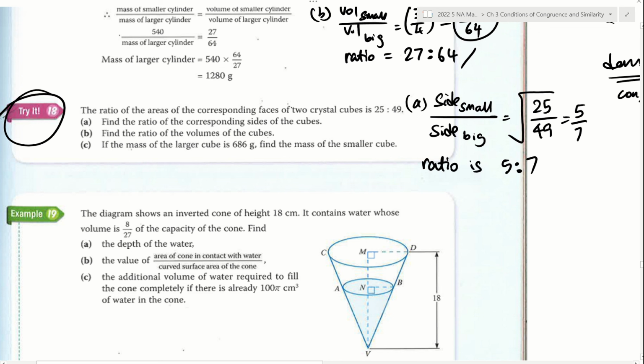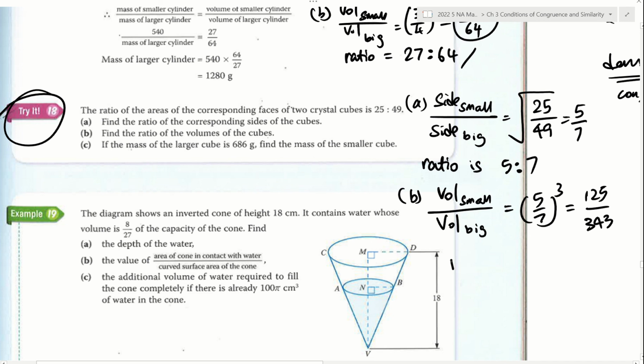Part A. Now they want the ratio of volume. Volume small over volume big must be 5 over 7 power 3. 125 over 343. Thank you. So the ratio is 125 to 343.